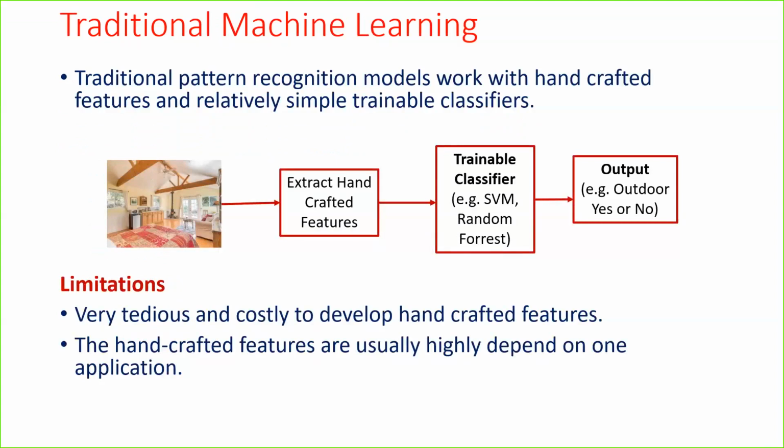Given an object or an image, it explicitly extracts the handcrafted features from the given image, and then gives these features to some trainable classifiers like SVM, random forest, decision trees, whatever it is, and then gets the output. So what is the problem with this approach? This process is very tedious and costly to develop handcrafted features, and it requires some domain knowledge also.